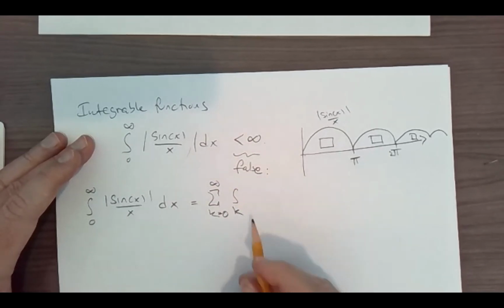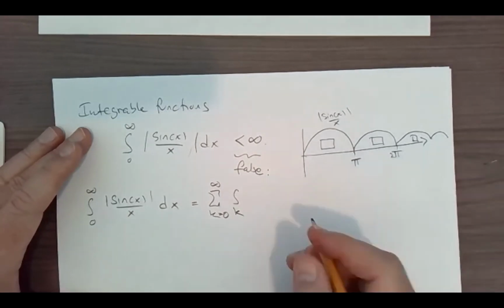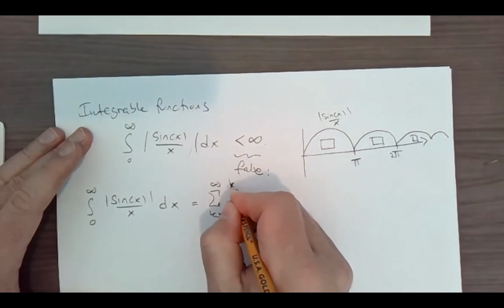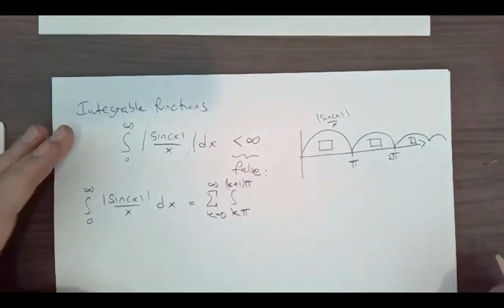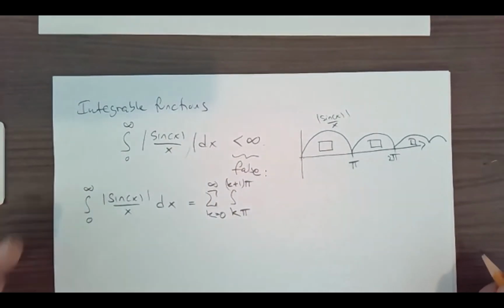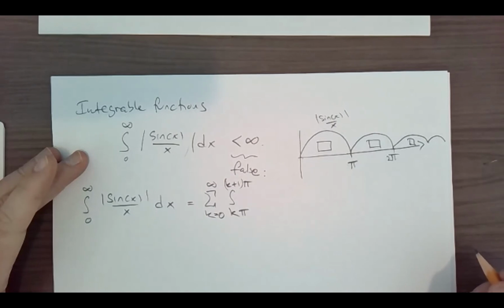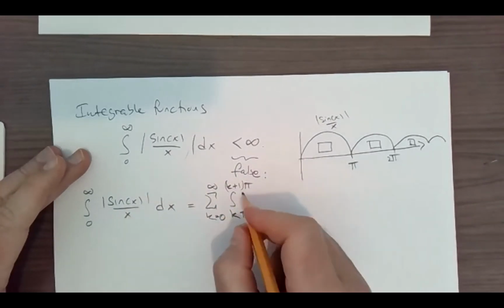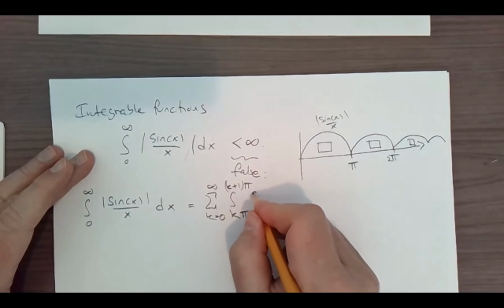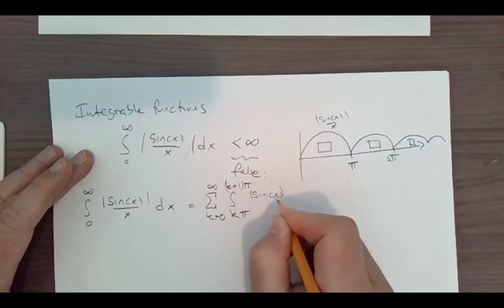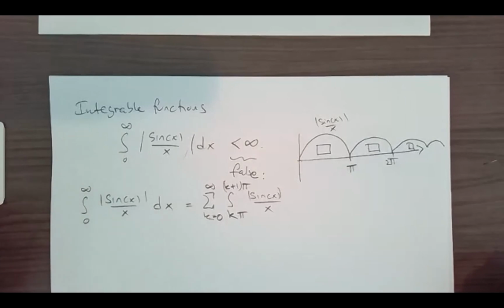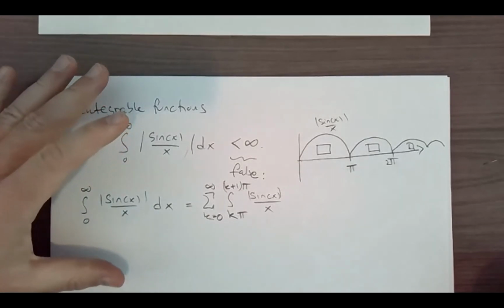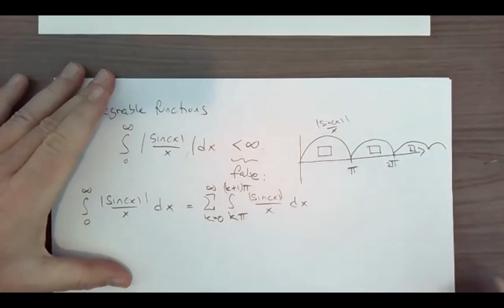So I'll have k times pi to k plus 1 times pi of sine x in absolute value divided by x dx. How would I do that?